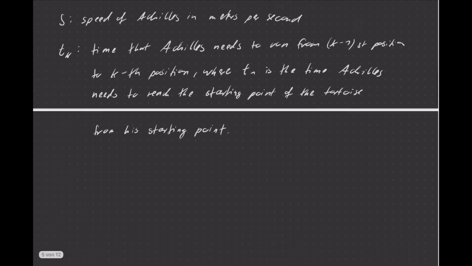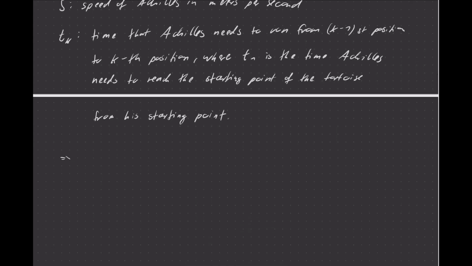Now, of course, what we get is then t1 is the distance that we have, that is the head start h, divided by the speed that Achilles runs. So that's h divided by capital S.